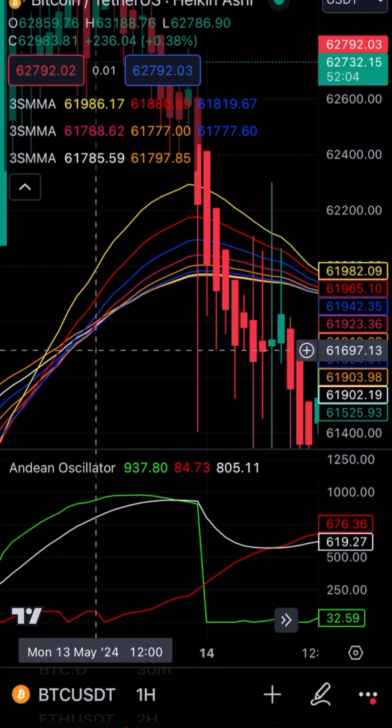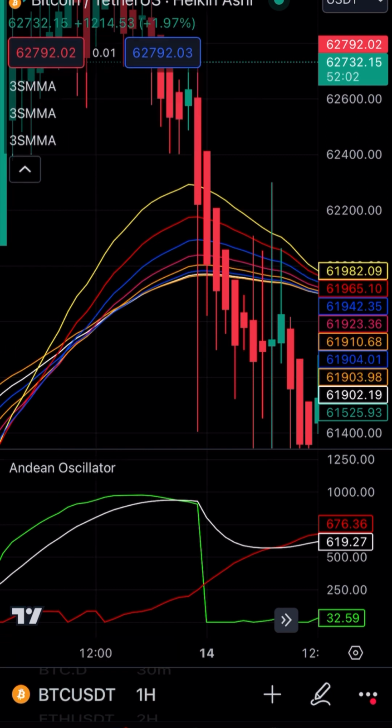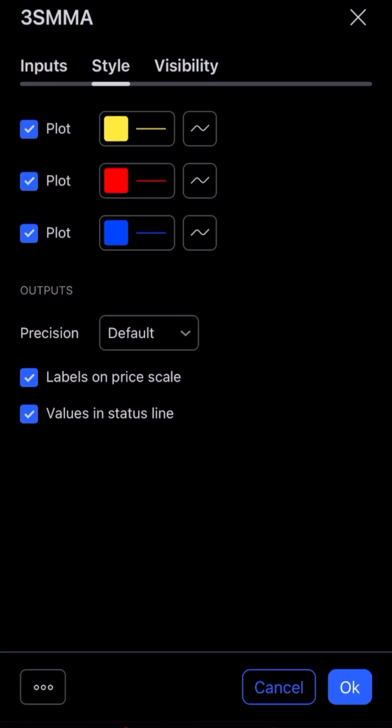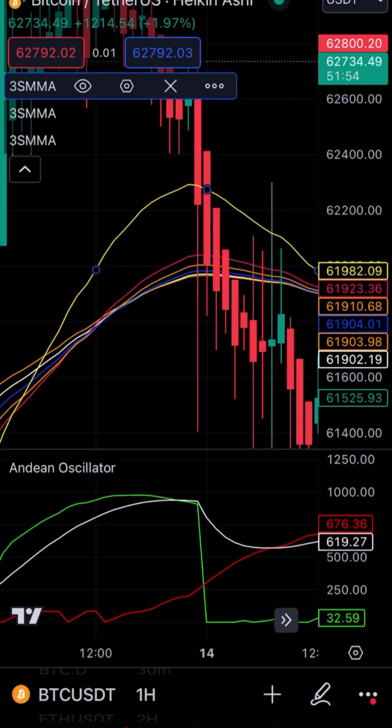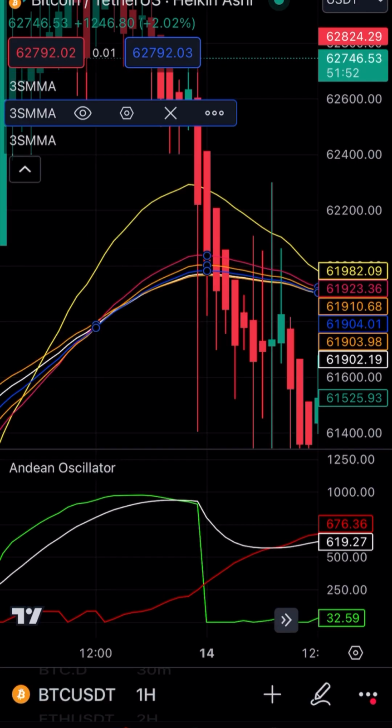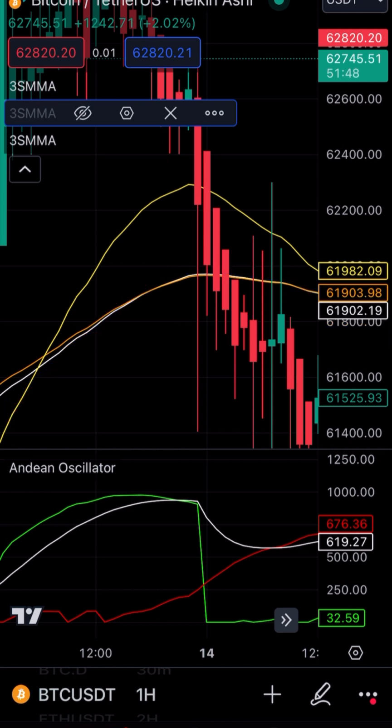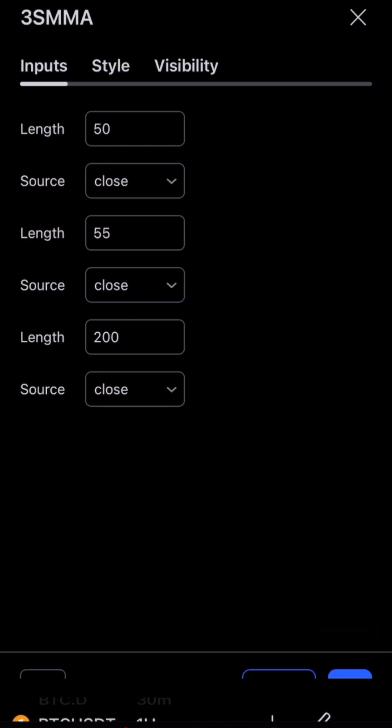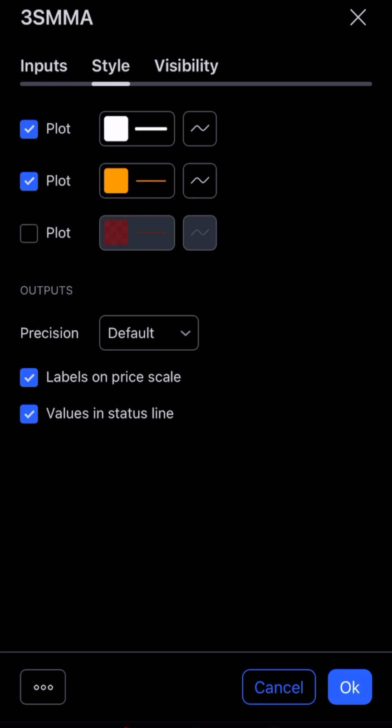You want to make sure that your 20 and your 55 are crossing. So we can actually check off everything except for the 20 and the 55 real quick. We can check off everything except for the 20 and the 55.